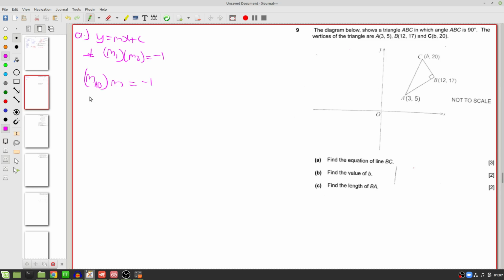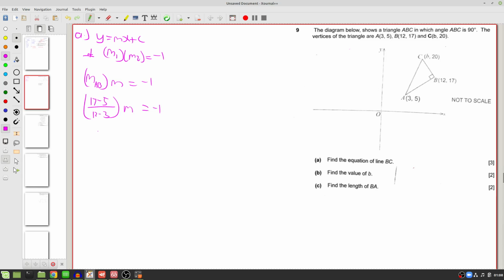So how do we find the gradient of AB? Well, it's the change in y values divided by the change in x values. So that's 17 minus 5 over 12 minus 3. So the gradient of AB multiplied by the gradient we want must be equal to -1.